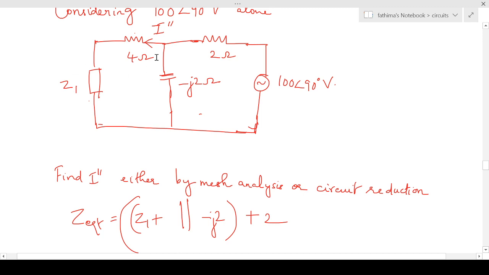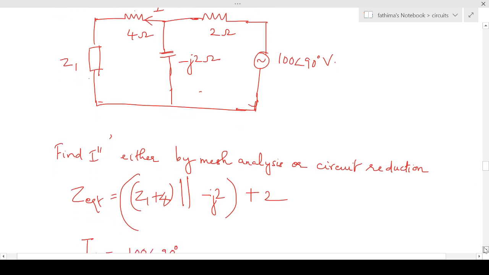Z1 plus 4 is in parallel with minus j2, and that is in turn in series with the 2 ohm, so plus 2. So we can find the equivalent impedance, Z equivalent.